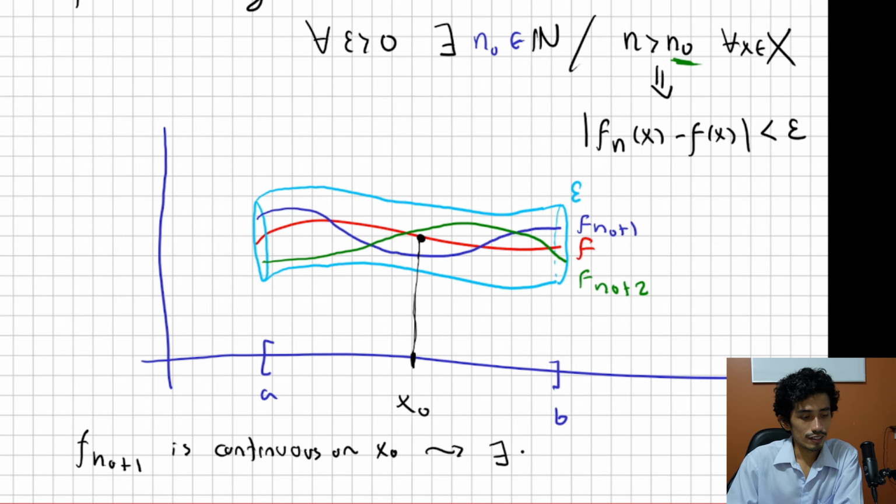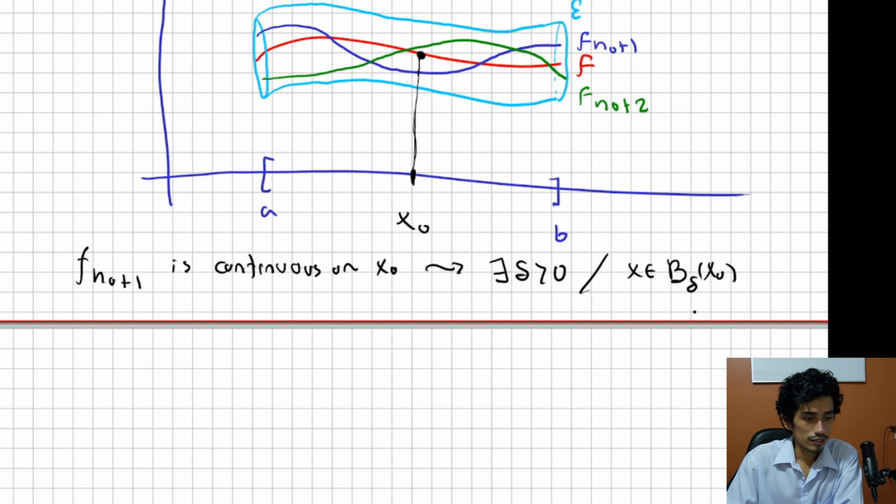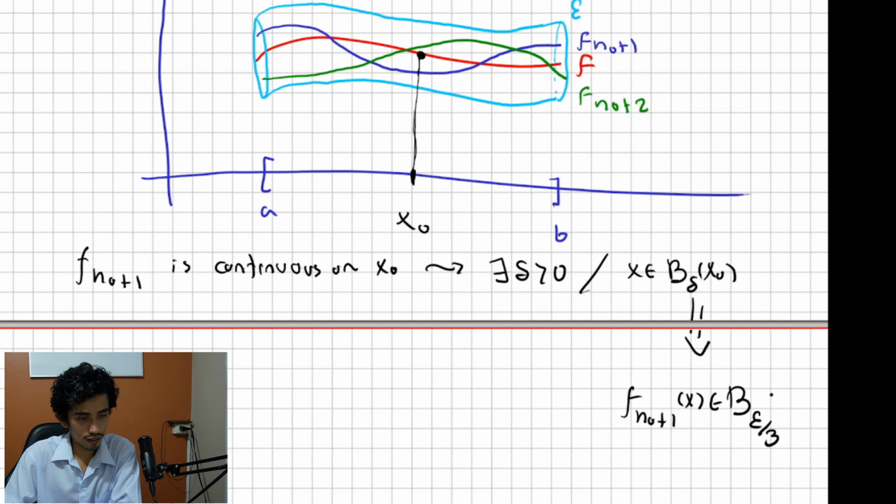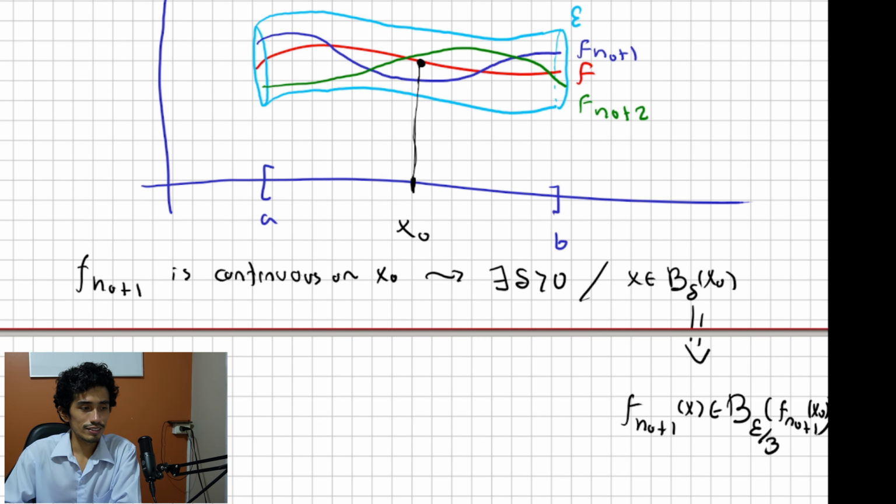So that means that there exists some positive delta such that if x is in this neighborhood, then f_n(x) is inside this neighborhood of f_n(x0).